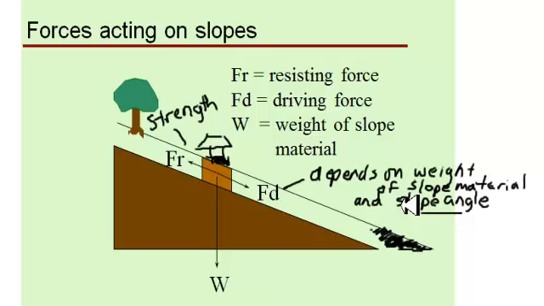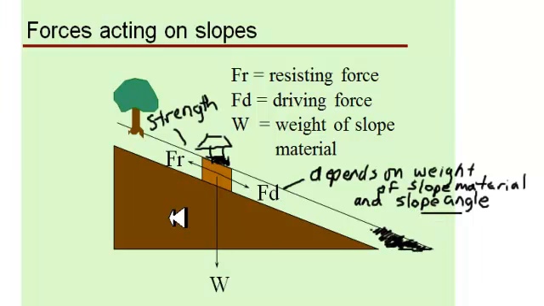Depending on the geometry of the situation, there are formulas that we can use that might be relatively simple or more complicated to compute an estimate of the driving force behind mass wasting as a function of the weight of the slope materials and the slope angle.